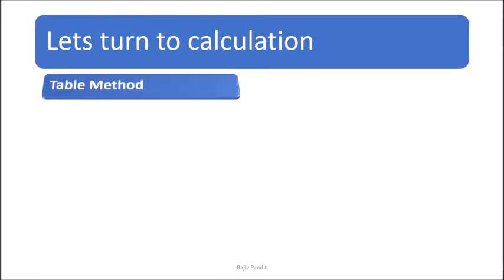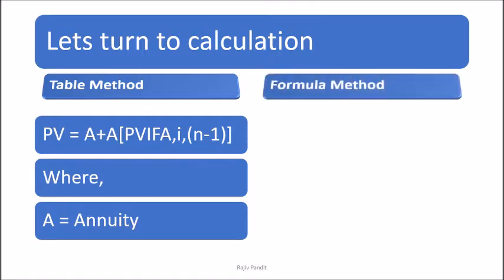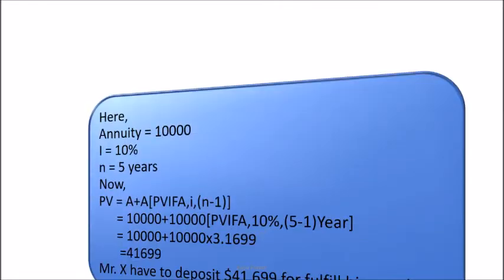Let's turn to the calculations. Table method: PV equals A plus A times PVIFA at I, n minus 1th year, where A equals annuity. And the formula method: we can find the present value by this formula, adding all the annuities and dividing by 1 plus I to the power 1, 2, 3 and n.